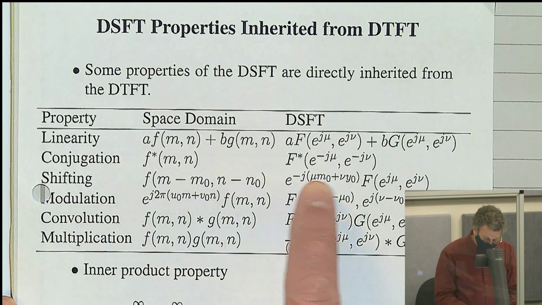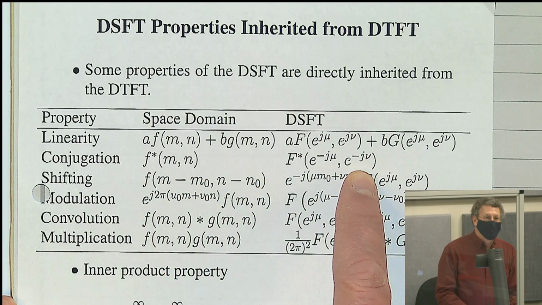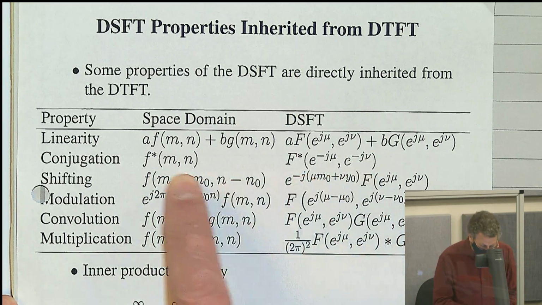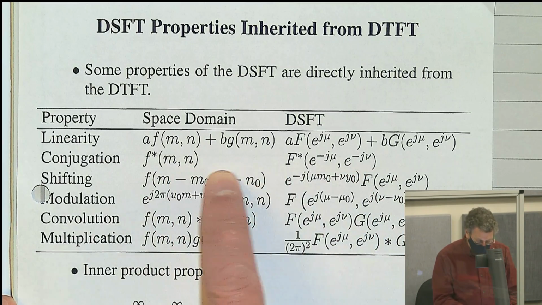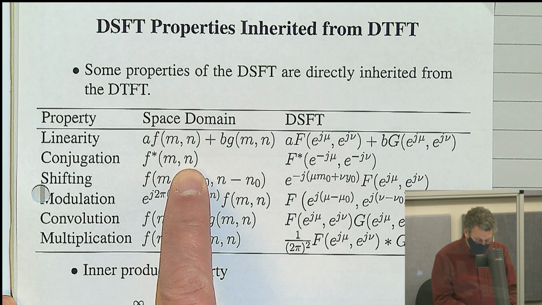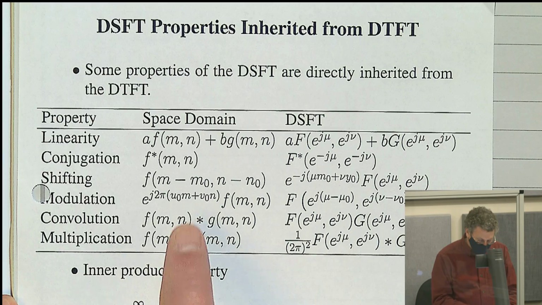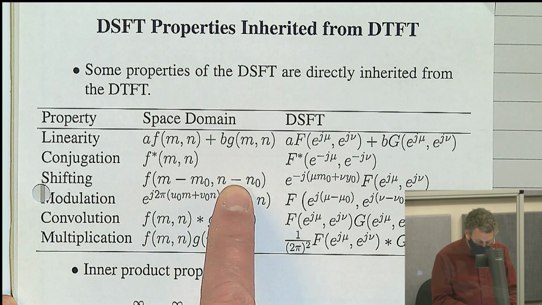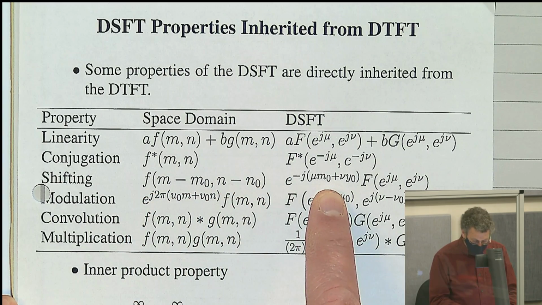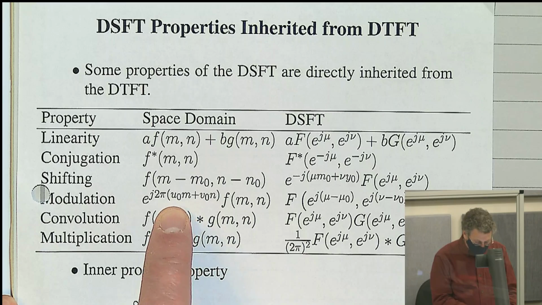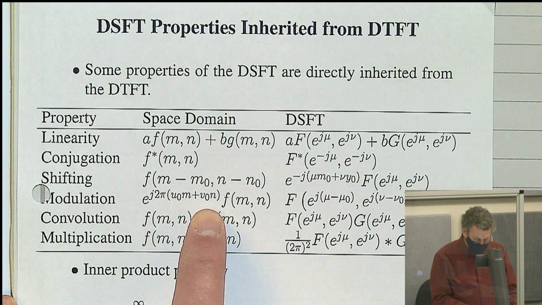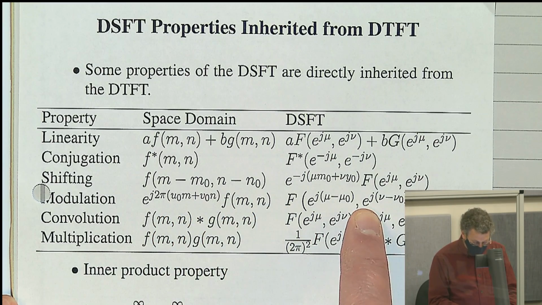This is not directly intuitive, but it relates to the fact that real valued functions have to be conjugate symmetric. Then shifting in space results in linear phase modulation, and linear phase modulation in space corresponds to shifting in frequency.